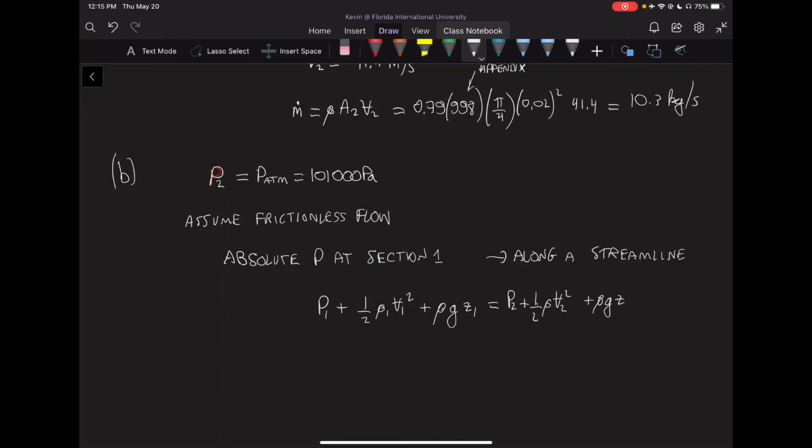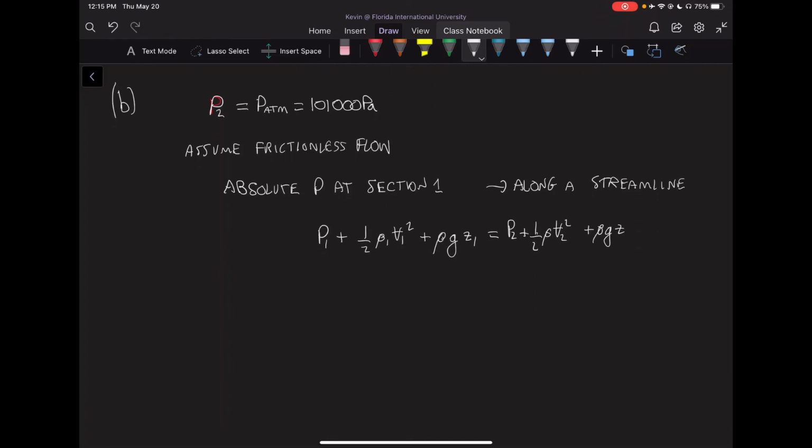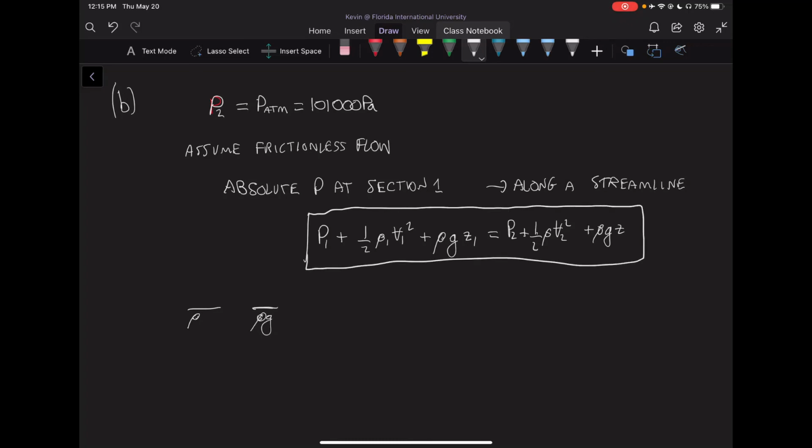We can divide it by rho, or we can divide everything by rho g, and then it changes our equation. In this case, we're multiplying everything by rho g and having it in this form because we want it in the units of pressure. So we want, essentially, to find our pressure 1. This is what we're trying to find along the streamline.